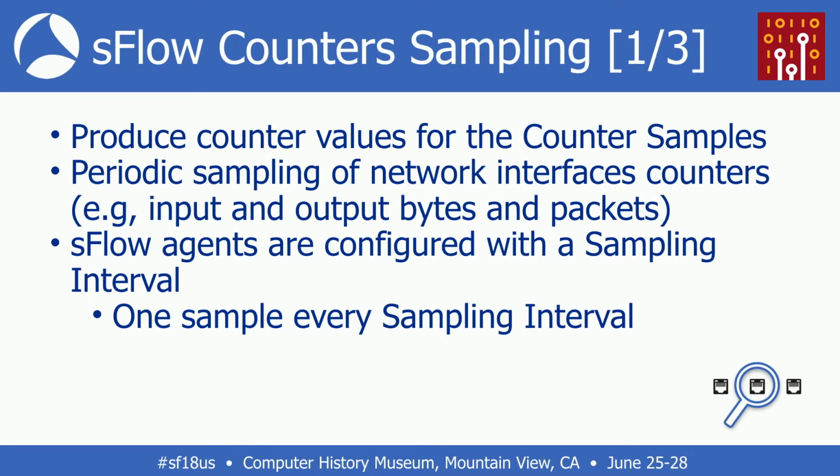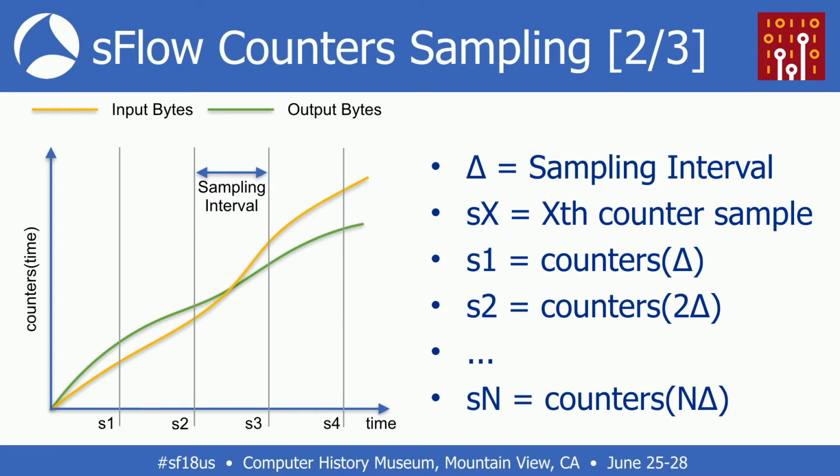Counter sampling. The counter sampling process is the process that actually produces counter samples. Counter samples are produced once every configurable sampling interval. So this is basically what happens. You configure your sFlow agent to export counter samples every delta seconds.